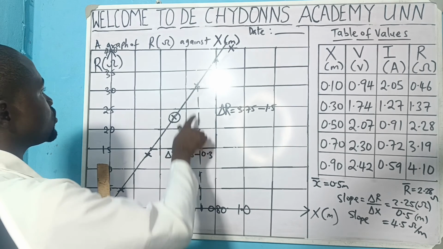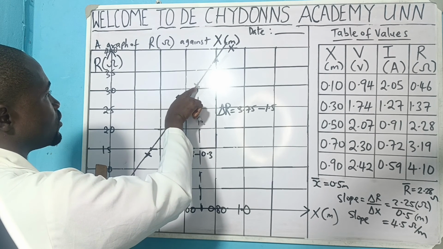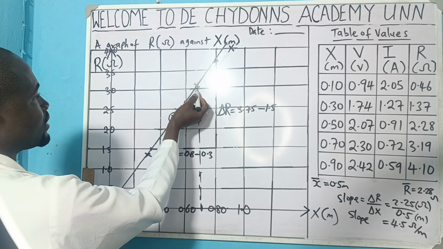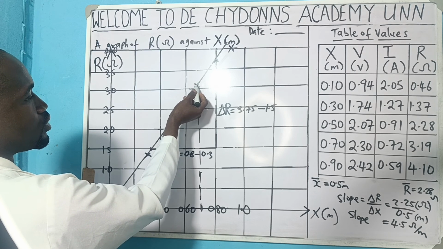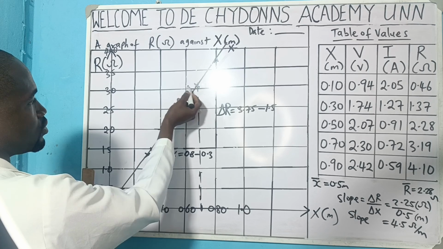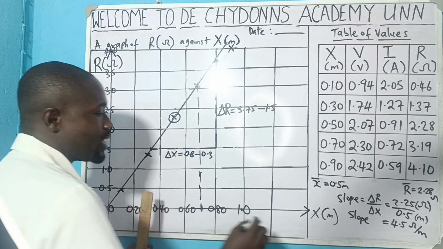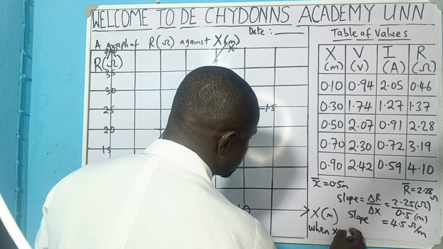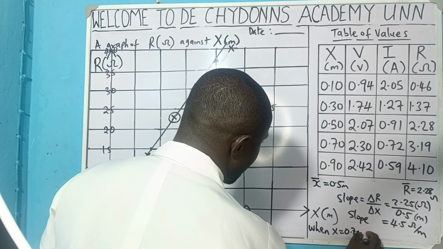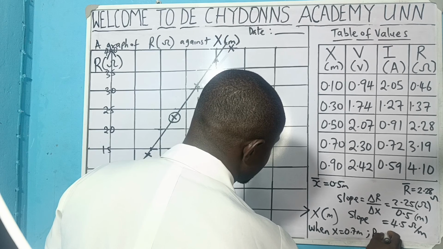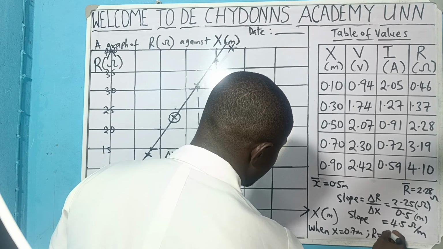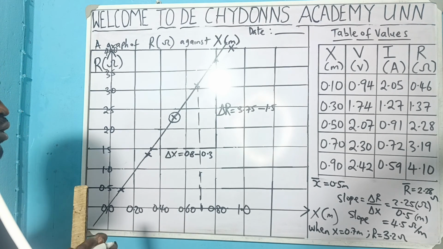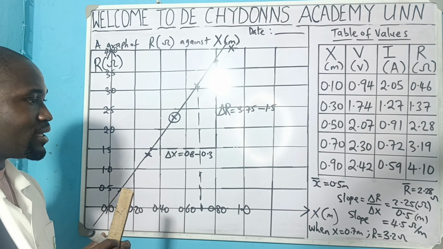When you trace it up, you see the value is more than 3, about 3.2. So when x is equal to 0.7 meter, r is about 3.2 ohms. So that is about that.